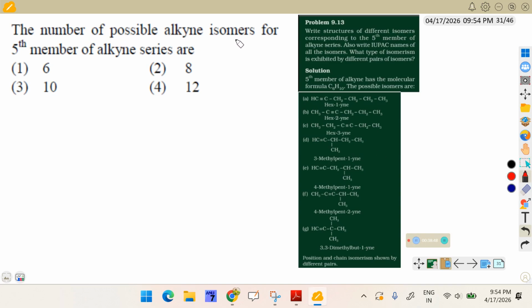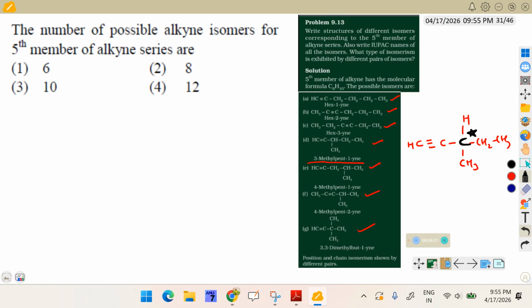The number of possible alkyne isomers for the fifth member of the alkyne series: how many are possible? 1, 2, 3, 4, 5, 6, 7 are possible, but there is no 7 option. You can observe the point. Take 3-methyl pent-1-yne, CH triple bond C, C, H, CH3, CH2, CH3. This carbon is considered a chiral carbon atom.